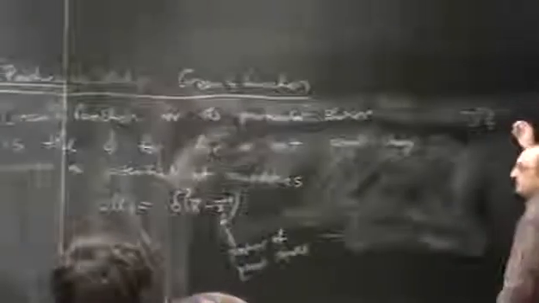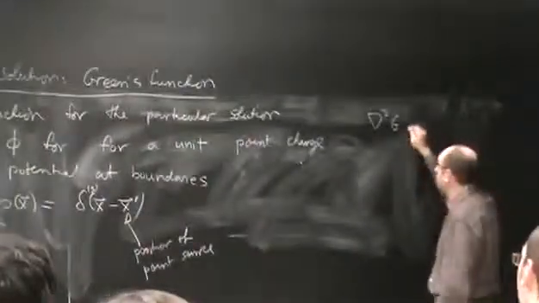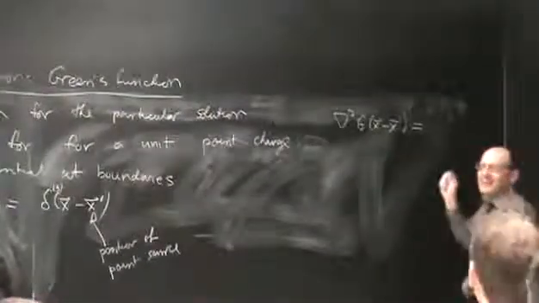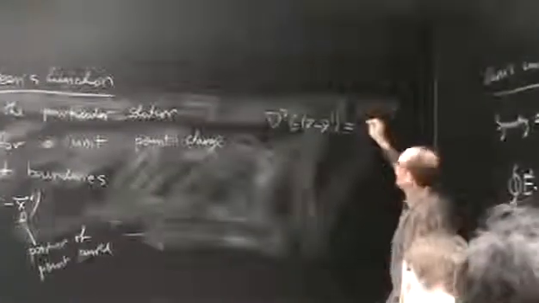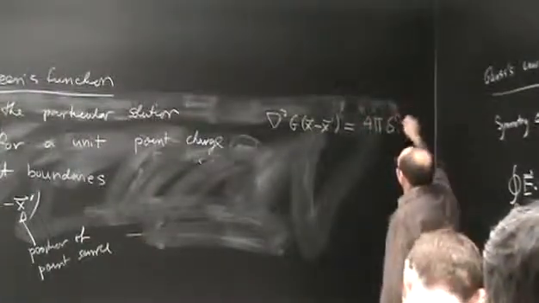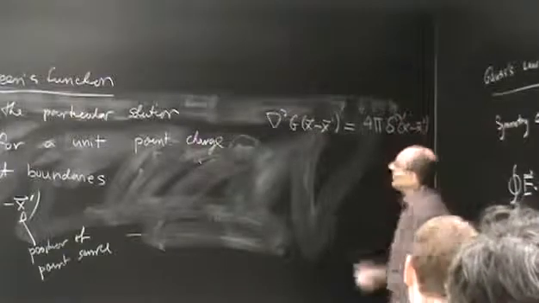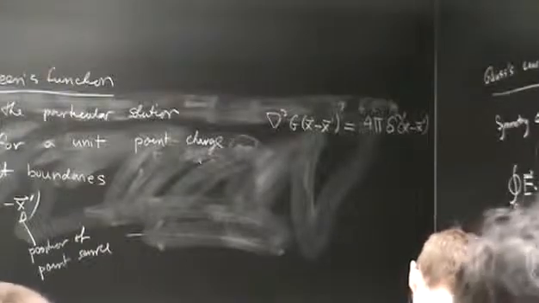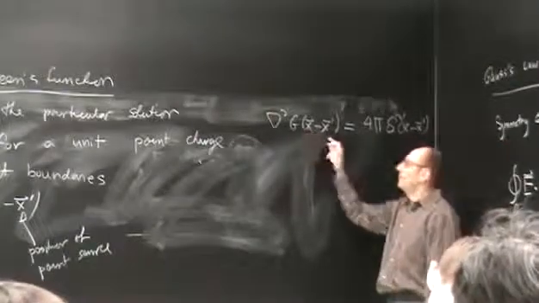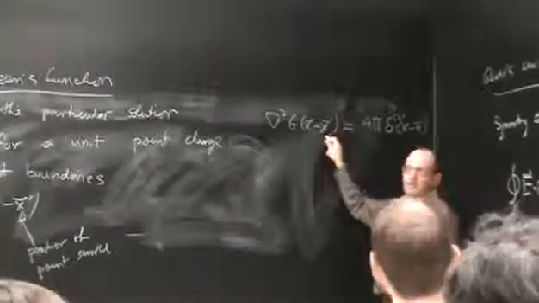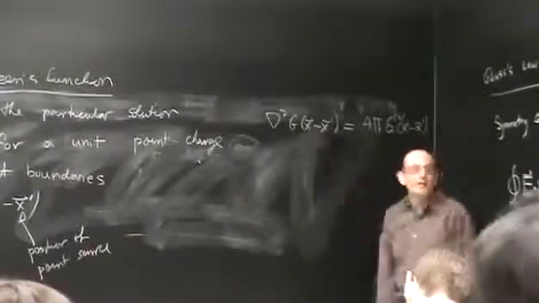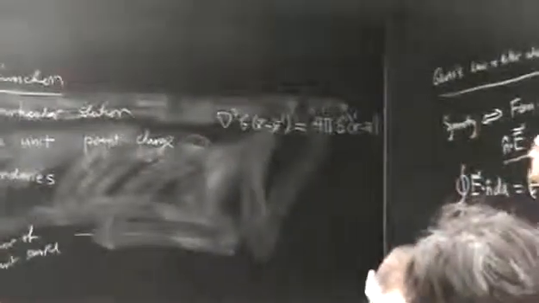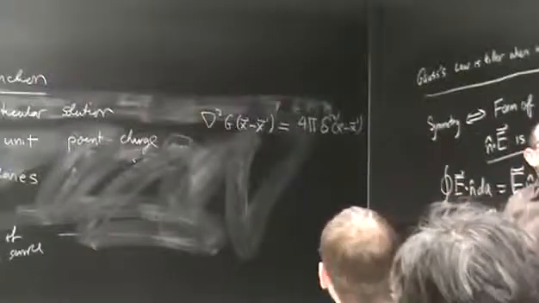We call the Green's function G for some crazy reason I can never figure out. So that's the Green's function equation. This is the Green's function given the source at x prime. It only depends on the difference because the source only depends on the difference. And we have to find the solution to that equation.